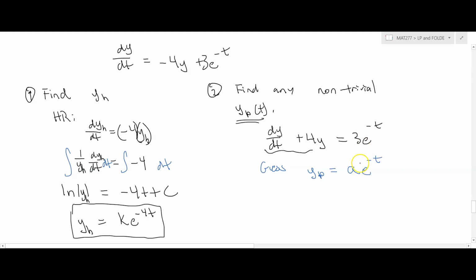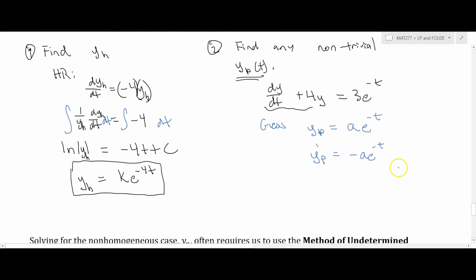The reason I'm saying some multiple is that it may not just be e to the negative t, but it's going to be some function of e to the negative t. And if I use this as my guess, then the derivative of that guess will be negative a e to the negative t.